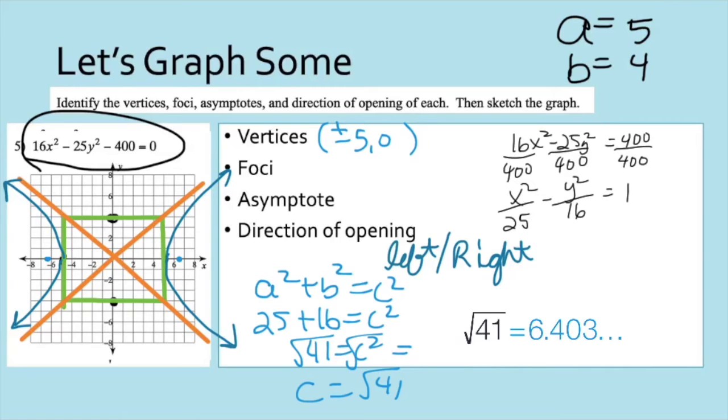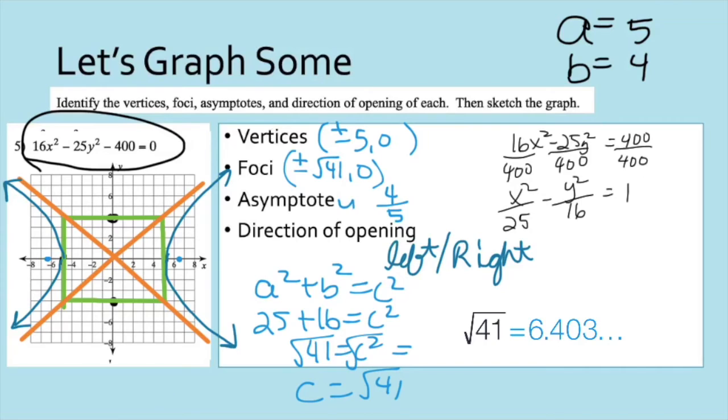So our foci are at plus or minus square root 41, 0. Our asymptotes, we can find those by taking the square root of the number under the y, which is 4, and the square root of the number under the x, which is 5.